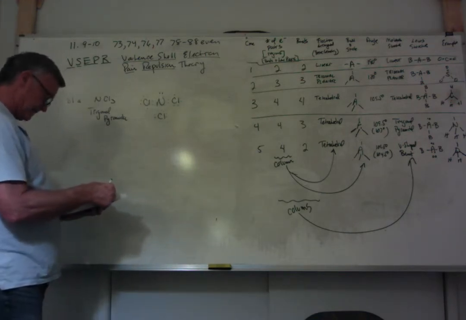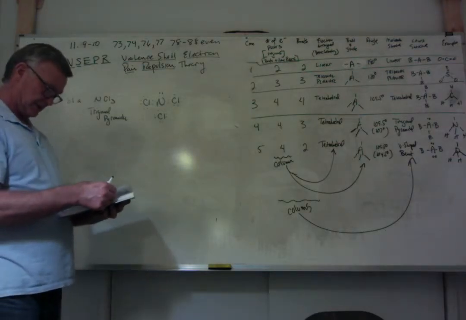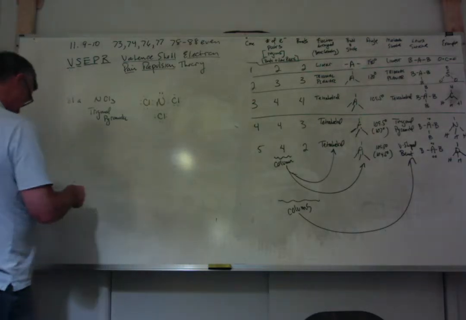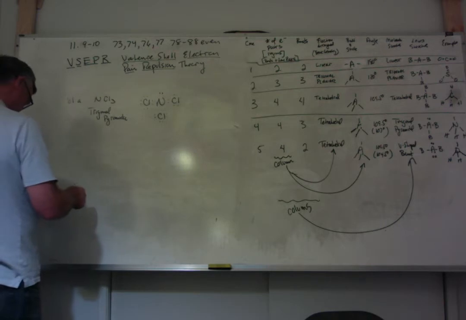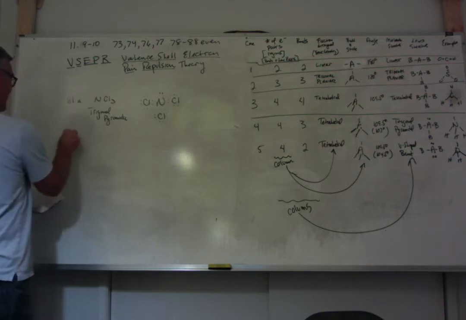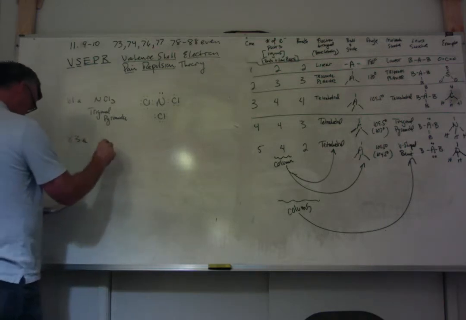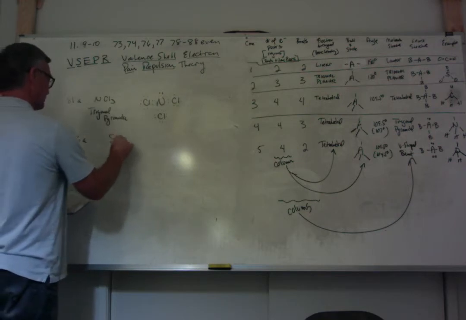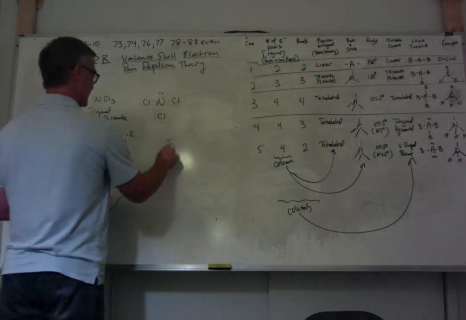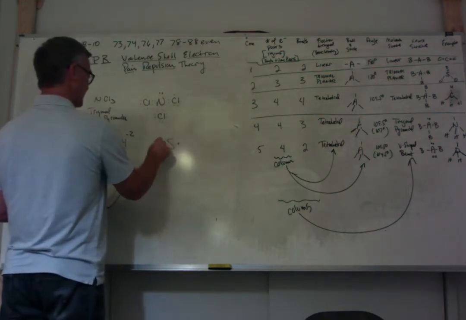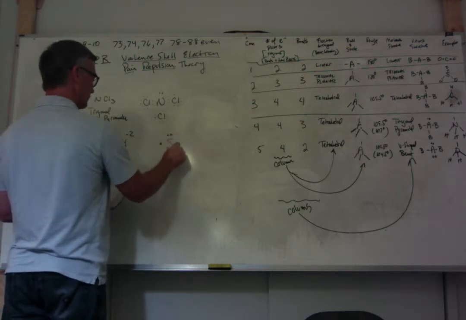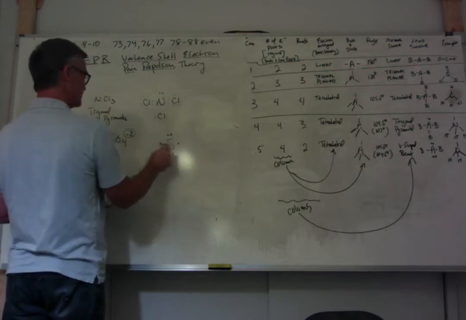83 does the same thing, but it uses a polyatomic ion. So for instance, 83A says that we've got SO4 with a -2. So you're going to have to draw, I'm going to do this one, S, and we're going to have O, and it's a -2.